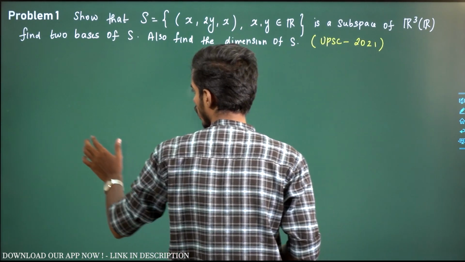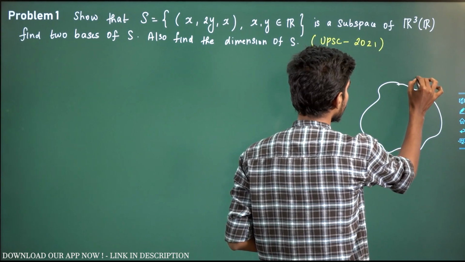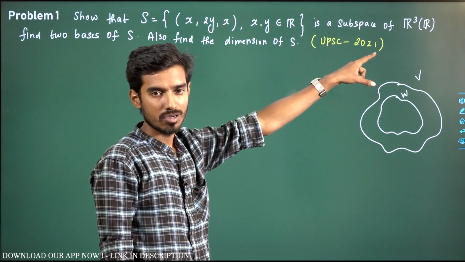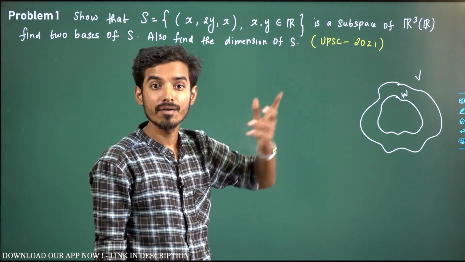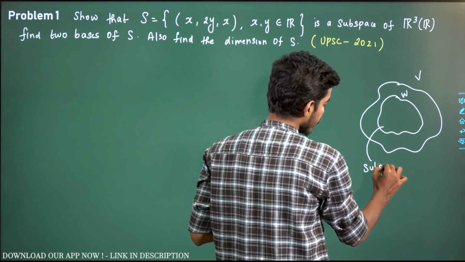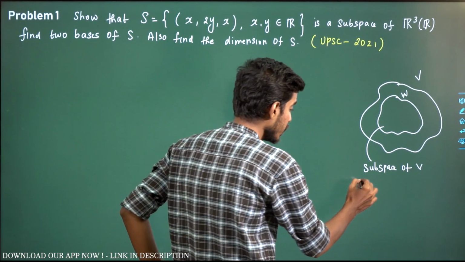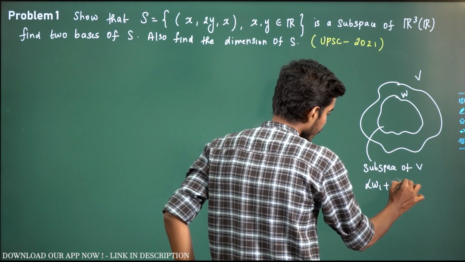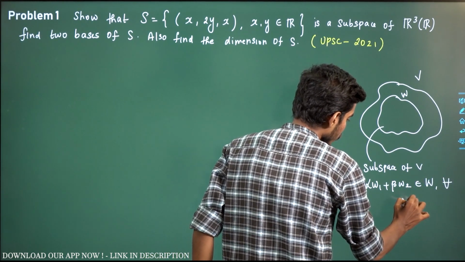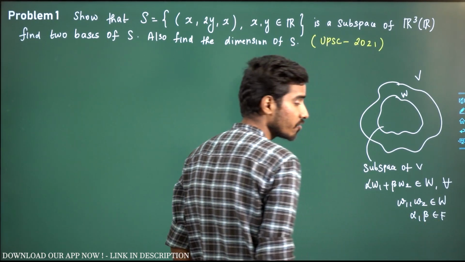I have already explained that if V is a vector space and W is a subset, then this W will be a subspace of V if alpha times W1 plus beta times W2 is in W, for every W1, W2 belonging to W, and alpha, beta belonging to the field F.